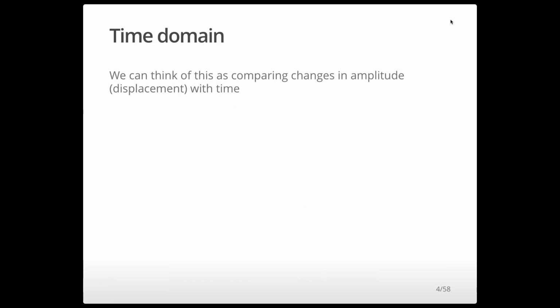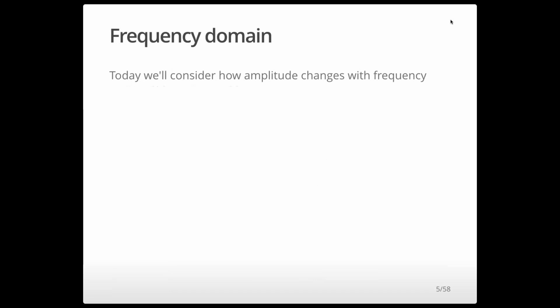And so, we're really thinking about how things are moving up and down as we move through time, but in the frequency domain, we're really going to think about how things are moving up and down, not with respect to time, but with respect to frequency. And that can be a little bit hard to wrap your head around initially, but we'll have some examples to sort of demonstrate what that is.